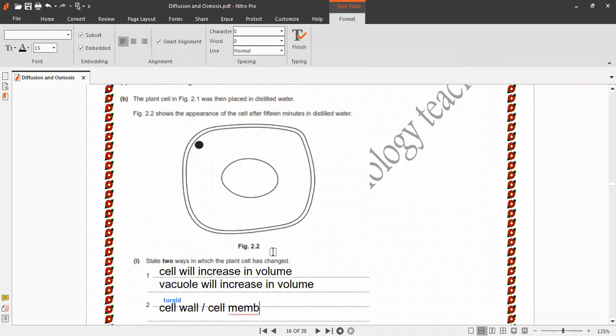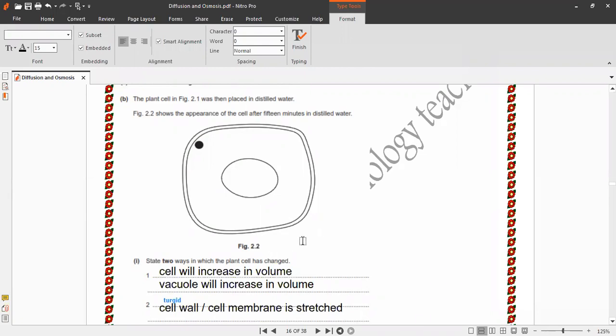What, the cell wall or cell membrane? So the cell will increase in volume, or the vacuole will increase in volume or size, and the cell wall and cell membrane are stretched.